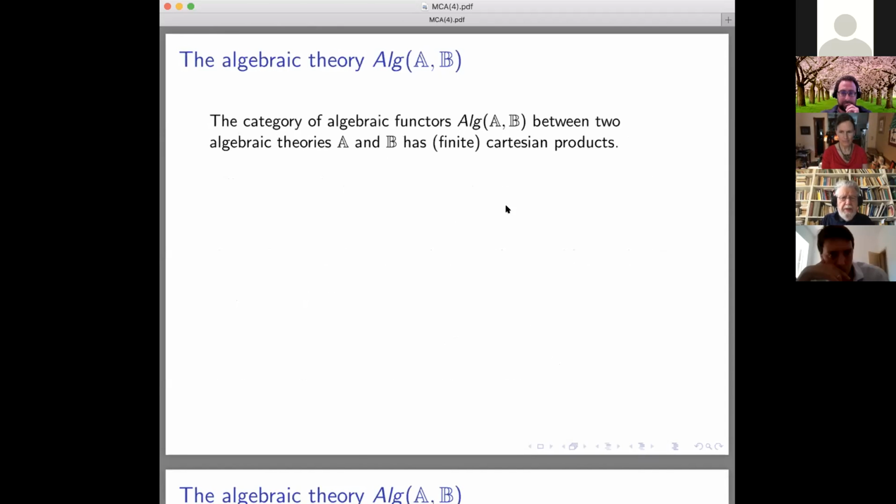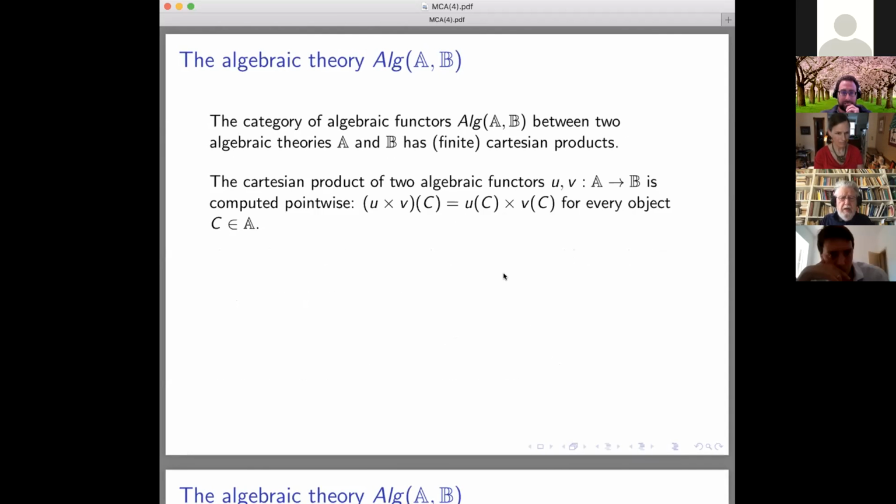Okay, now, first observation: the category of algebraic functors between A and B is itself an algebraic theory because it has finite Cartesian products. In other words, if you have two functors, U and V, from A to B that preserve finite products, then you can do the pointwise Cartesian product of U and V because B has Cartesian products. And this happens to be a functor preserving finite products too.